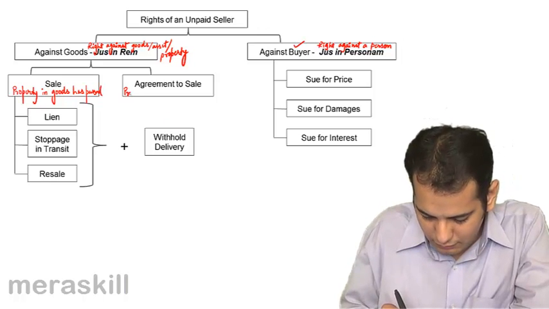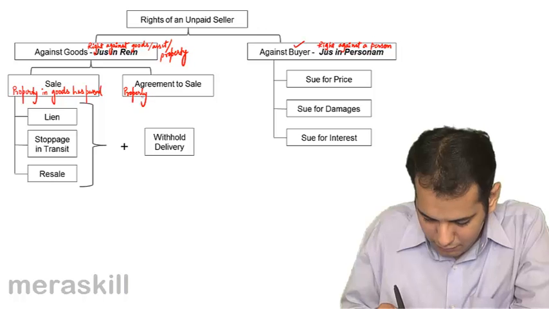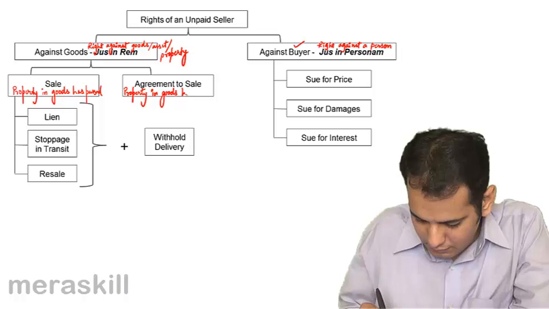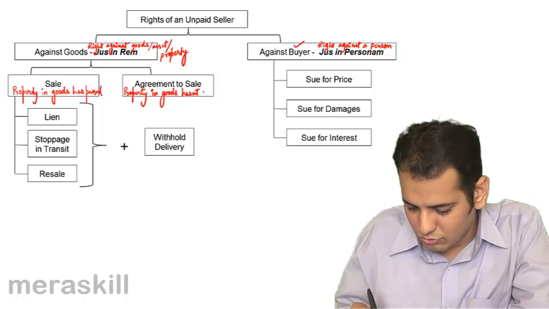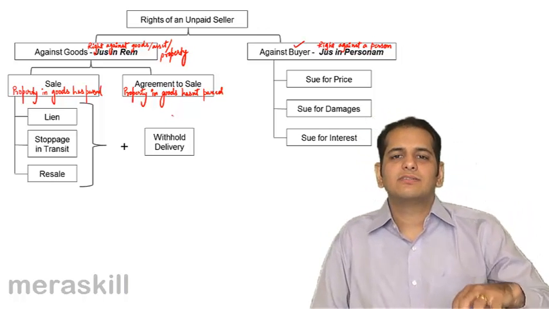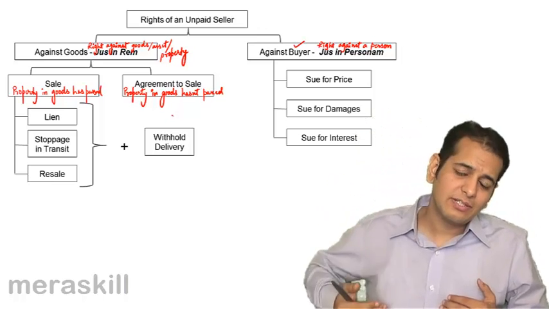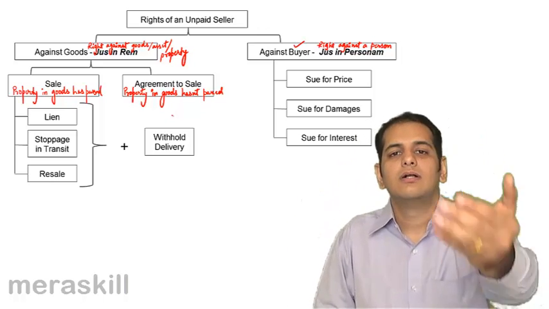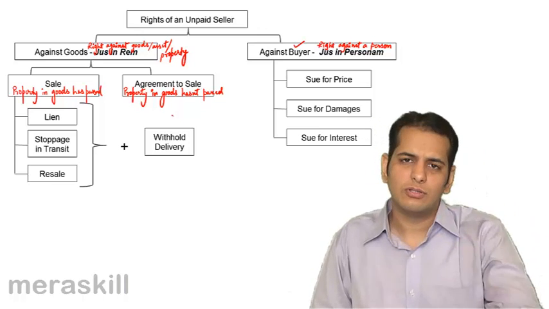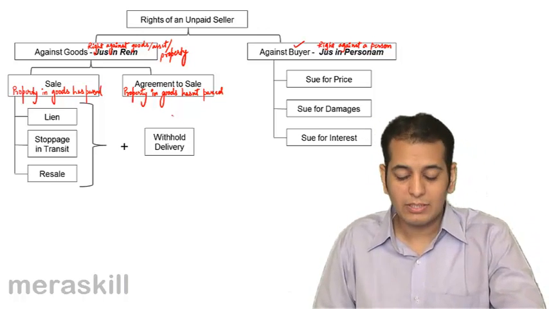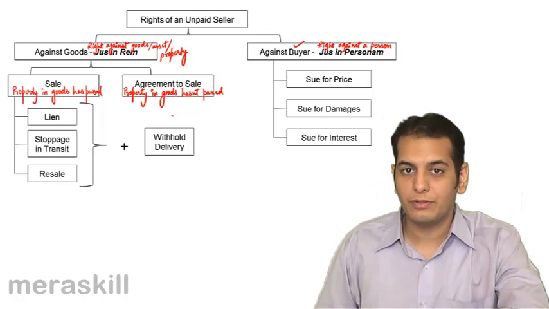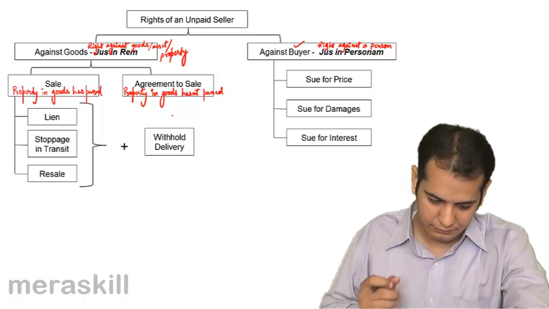In the agreement to sell, property in goods has not passed, because a sale transaction means there is an immediate transfer, immediate passing of the title, immediate transfer of ownership or the property. But in agreement to sell, there is no transfer of property or the title or the ownership.